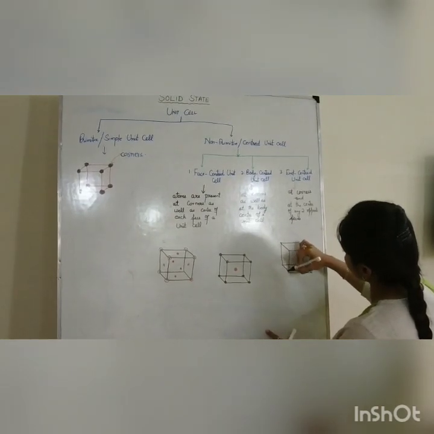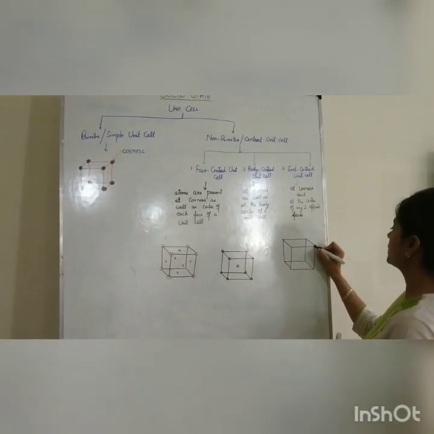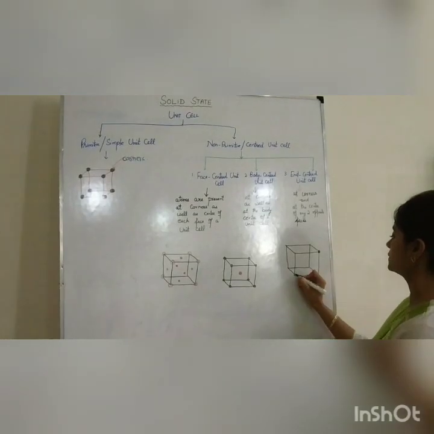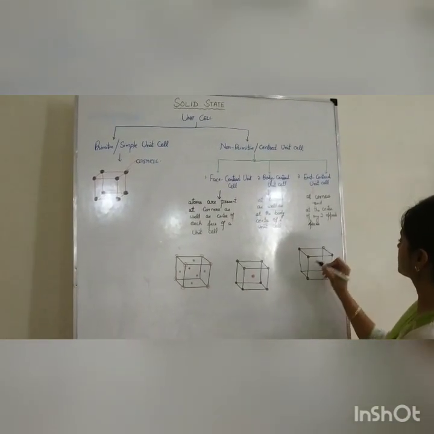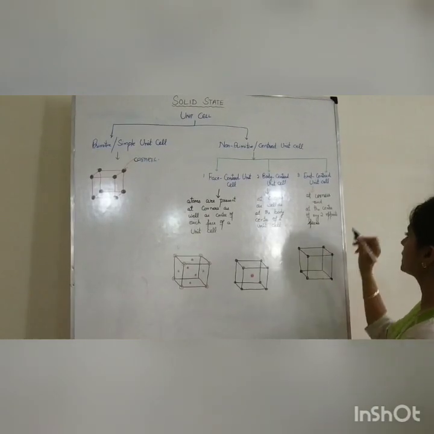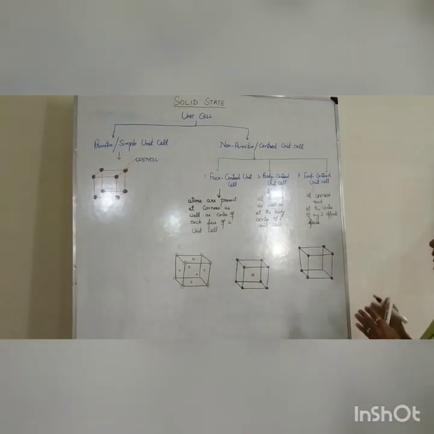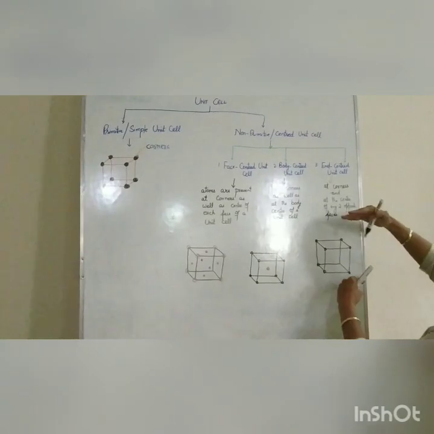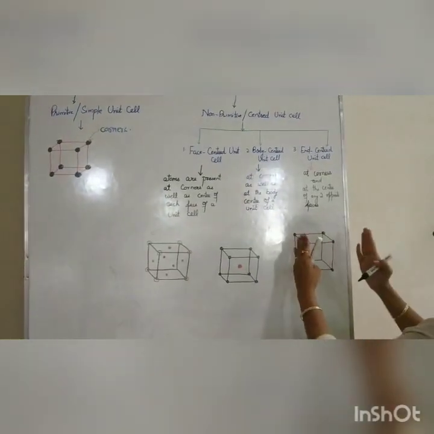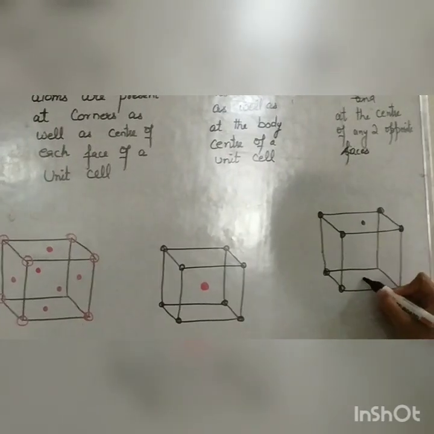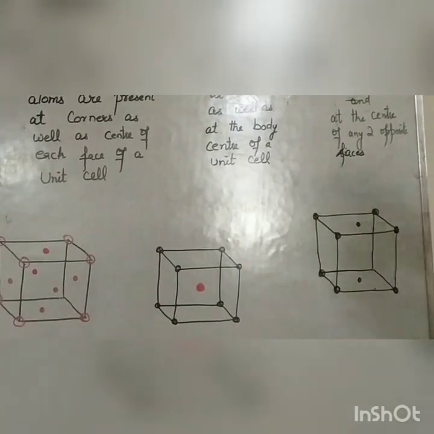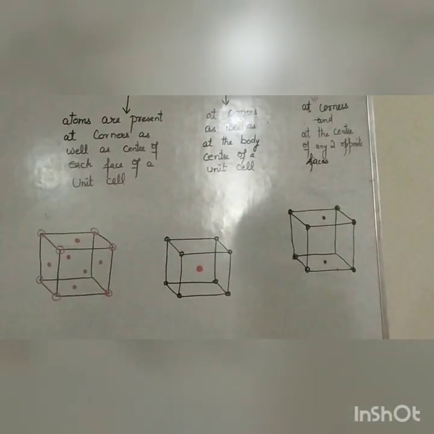So, in end-centered unit cell, atoms are present at the corners as well as at the center of any two opposite faces. Either you take these two faces or you take these two faces. So, this is end-centered unit cell.